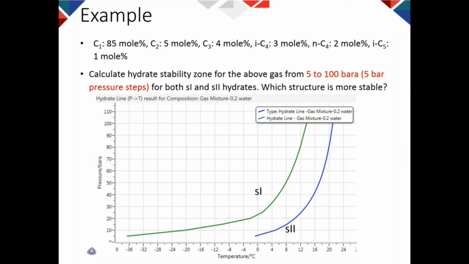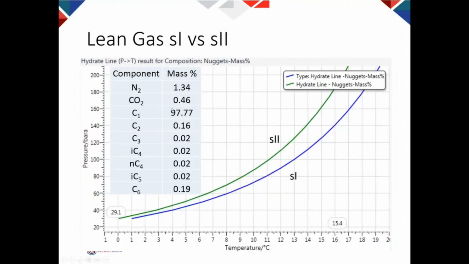So it's better to be able to predict the position of different structures when we are trying to prevent hydrate formation. There is another mixture. This is a very lean gas, Nugget field in the North Sea. You see that 98% is methane, with a small amount of different compounds.